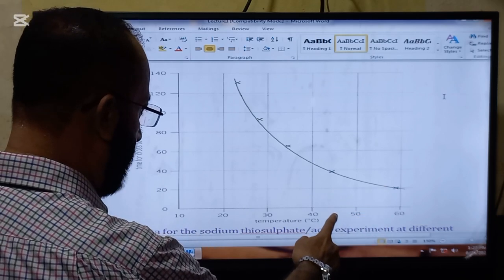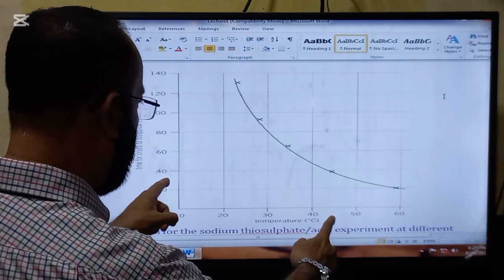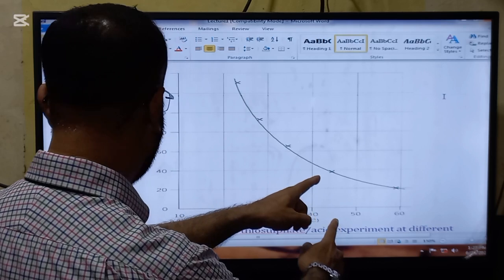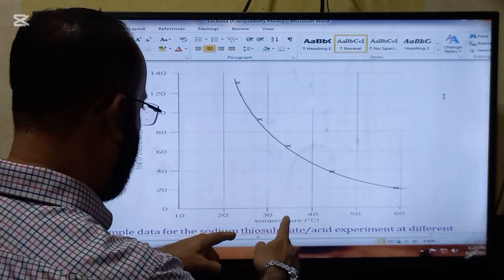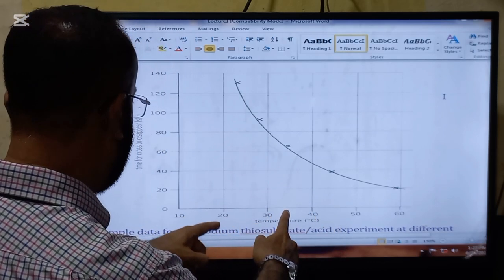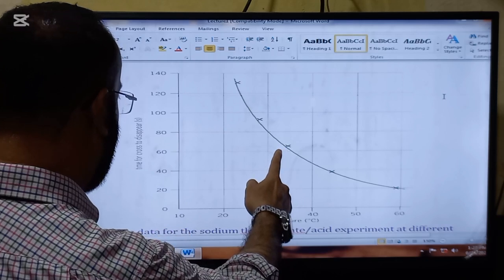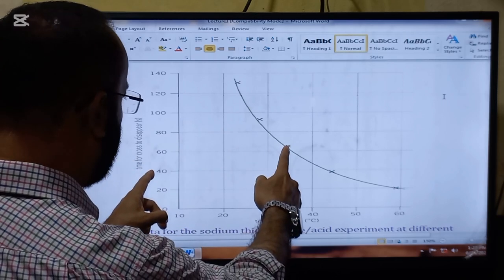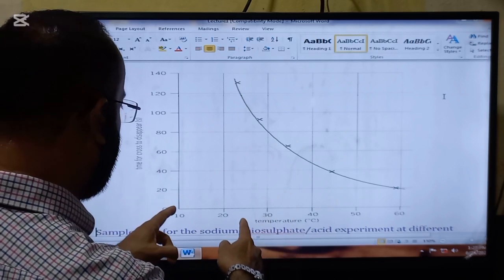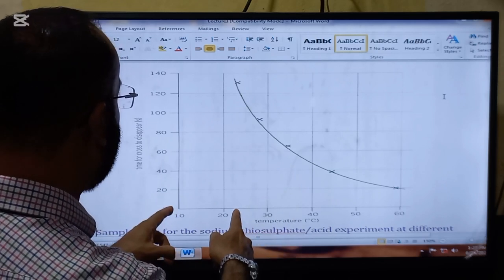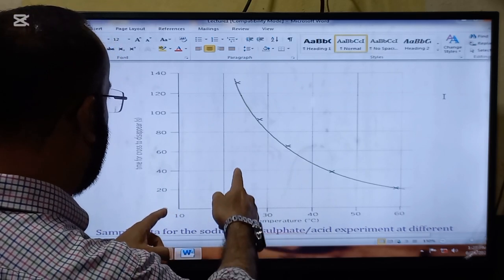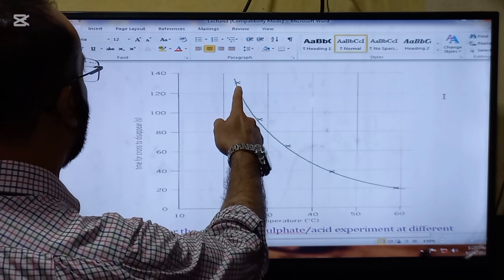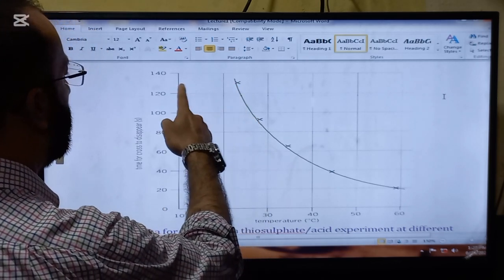At 45 degrees C, the time was almost 38 seconds, and at 35 degrees C, the time taken was almost 63.4 seconds, and at 25 or 24 degrees C, the time taken was almost 130 seconds.